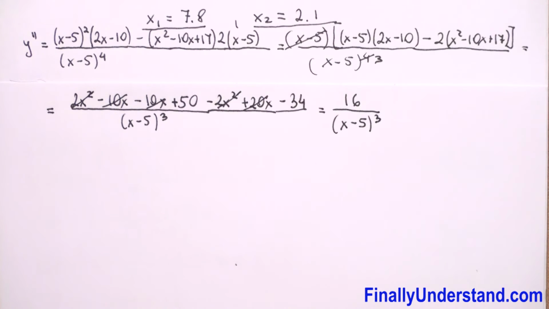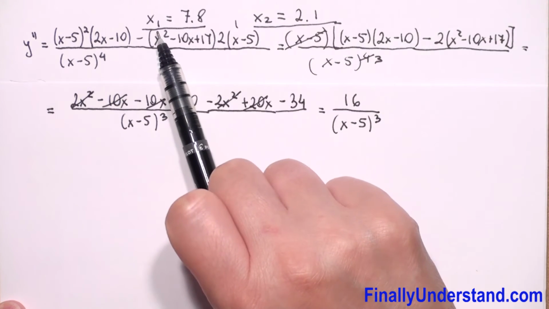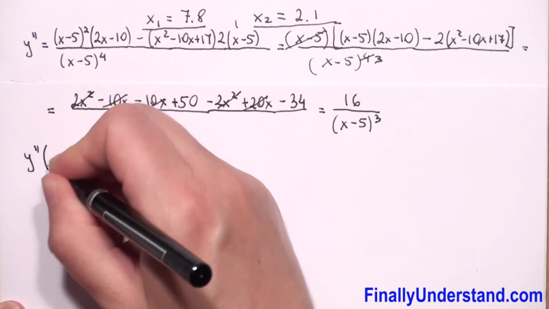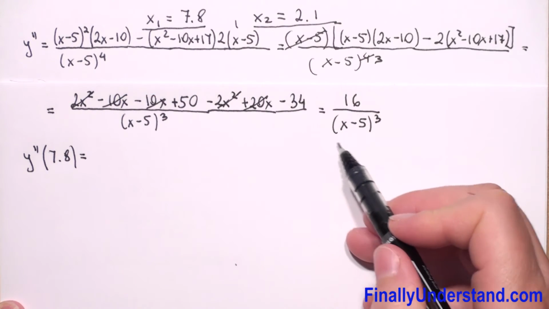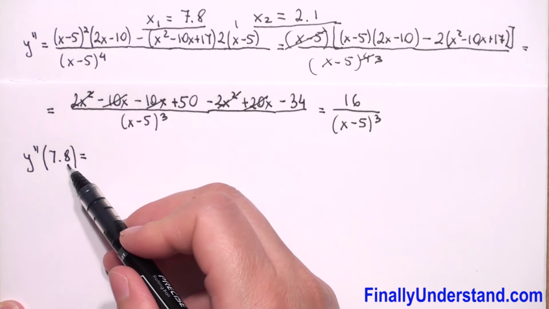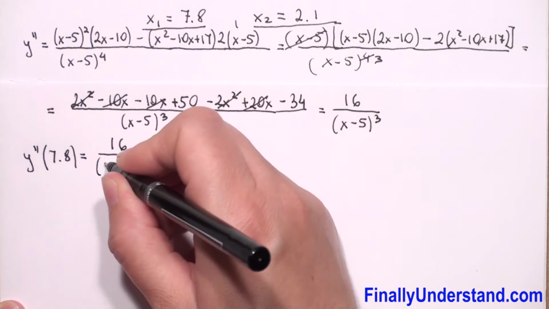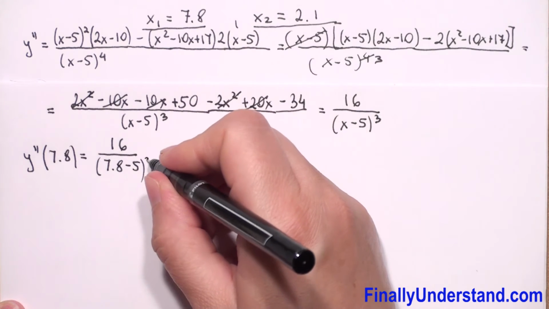We use the second derivative test to find minimum and maximum. It means when we have a second derivative, we have to calculate the value of the second derivative for the critical values. So the first critical value is 7.8. So we have the second derivative of 7.8. It means we have to replace our x by 7.8. So in the numerator we just copy 16 over 7.8 minus 5 to the third power.